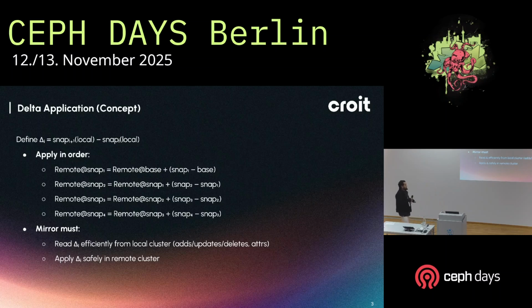You take snap 1, that is your remote base. Let's say your remote base is totally corrupted, it will handle it. It will send the delta between snap 1 and base and transfer it to the remote cluster, and so on and so forth for other snapshots. So incrementally, whenever you take a snapshot, all the deltas will be transferred to the remote cluster.